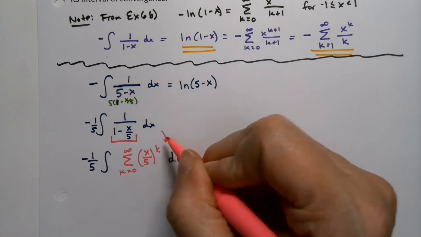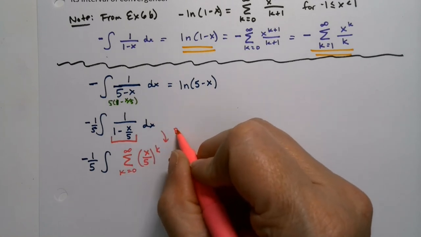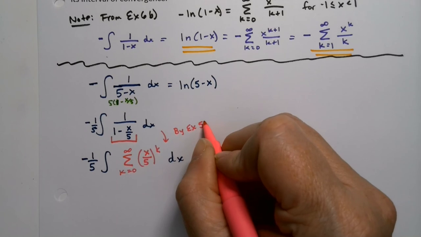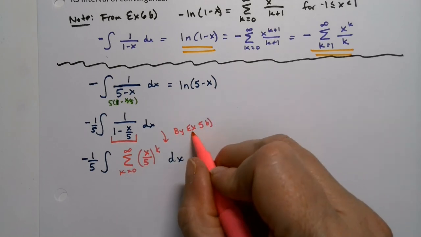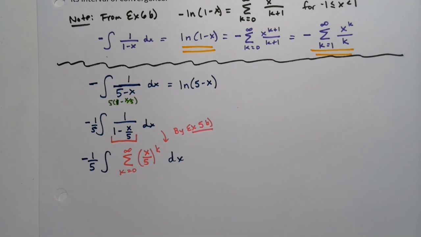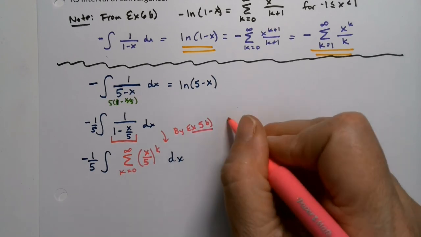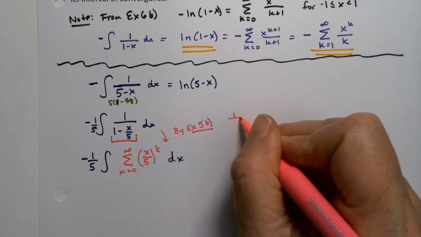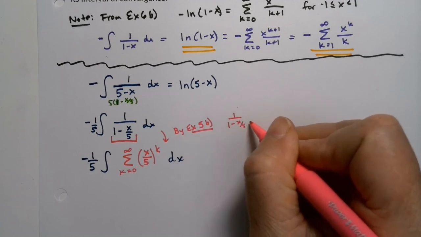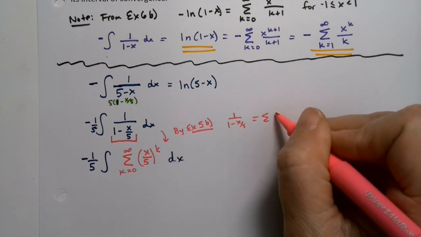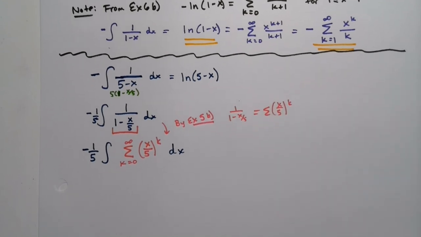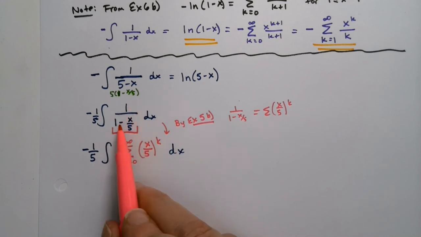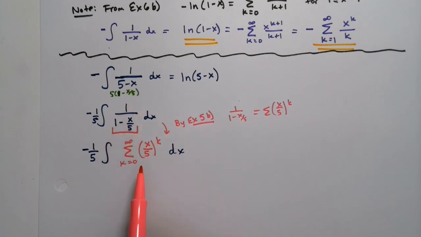And that little leap right there is by example 5b on page whatever that was, right? So by example 5b, we know that 1 over 1 minus x over 5 is equal to the sum of x over 5 to the k. We've already proven that. Okay, so that means that instead of taking the integral of this function, I'm going to take it of this series.